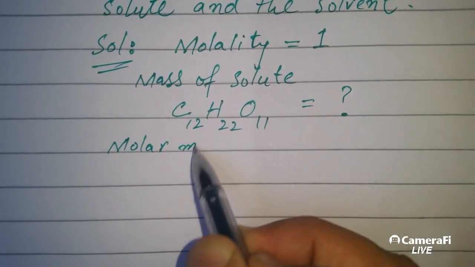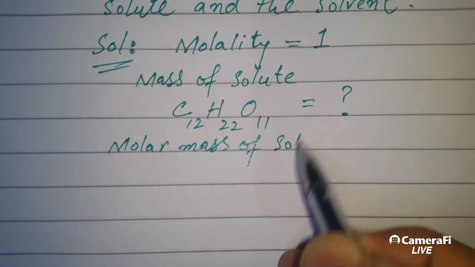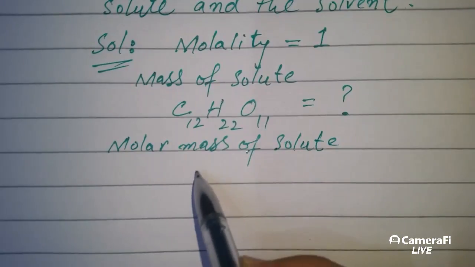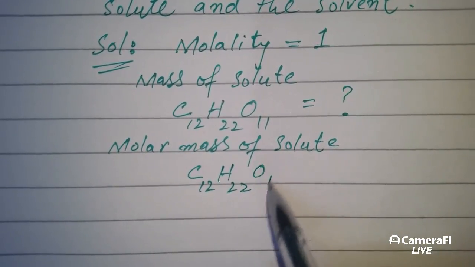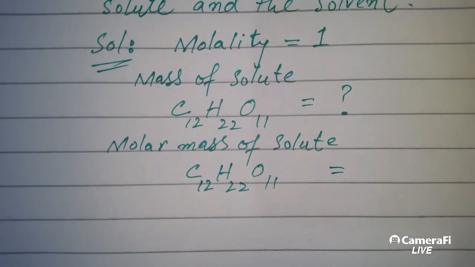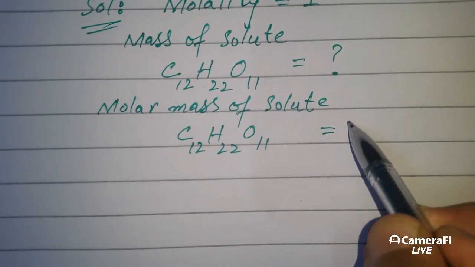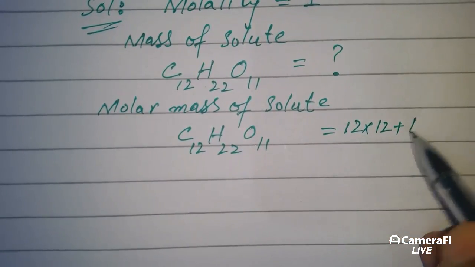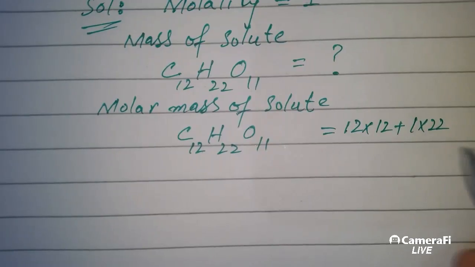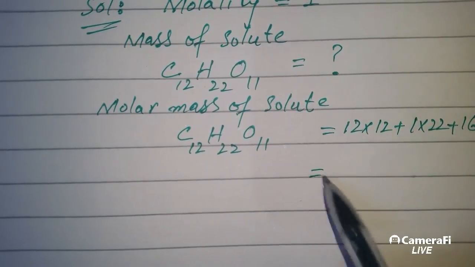The solute is C12H22O11, sucrose. Here we have carbon 12 multiplied by 12, hydrogen 1 multiplied by 22, plus oxygen 16 multiplied by 11.